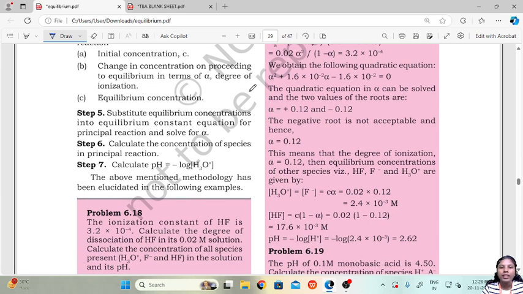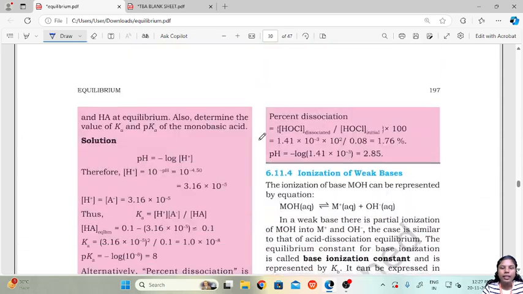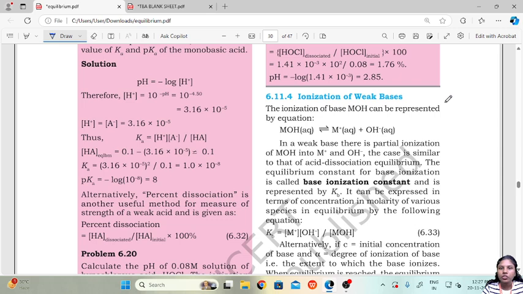Third, we find the equilibrium concentration. In step 5, we substitute the equilibrium concentrations into the equilibrium constant equation for the principal reaction and solve it for alpha. Now, calculating the concentration of species in the principal reaction, in the last step we calculate the pH using minus log of H3O plus.